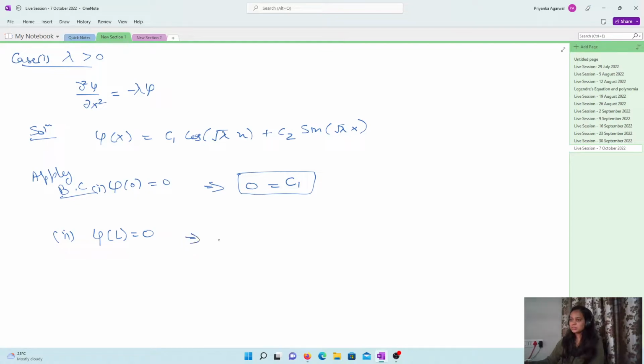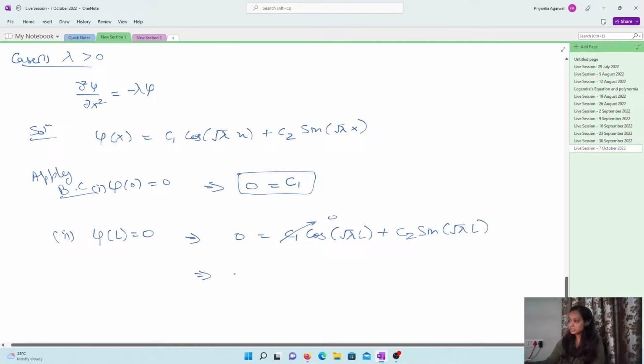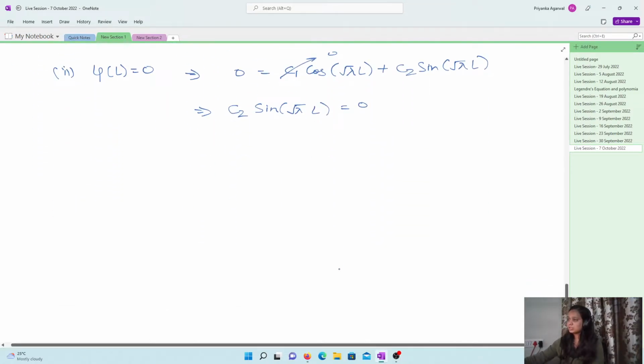So it becomes 0 equals c1 cos root lambda L plus c2 sin root lambda L. Now c1 is 0, so this becomes c2 sin root lambda L equal to 0.